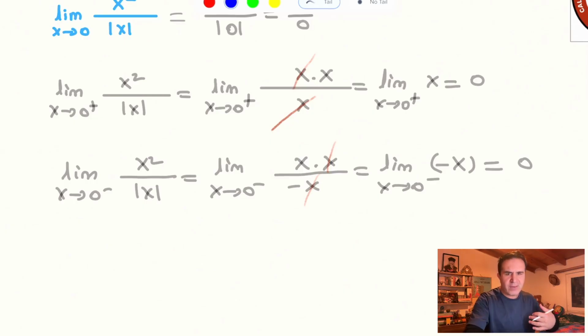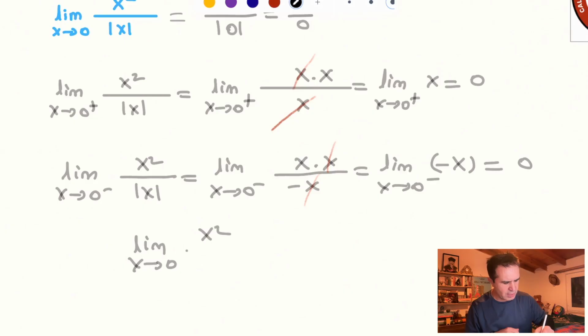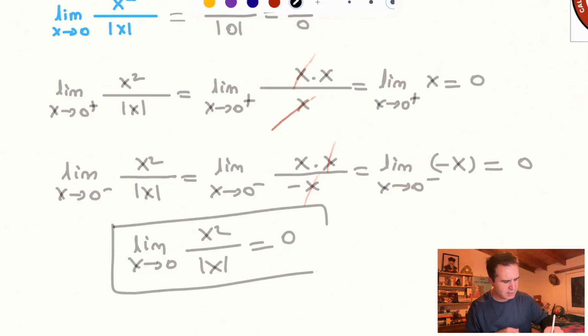But a function doesn't need to be defined at a point for the limit to exist. Since both the right hand limit and left hand limit are equal here, we can say that the function has a limit and it is 0. Limit as x approaches 0, x squared divided by absolute value of x is 0.